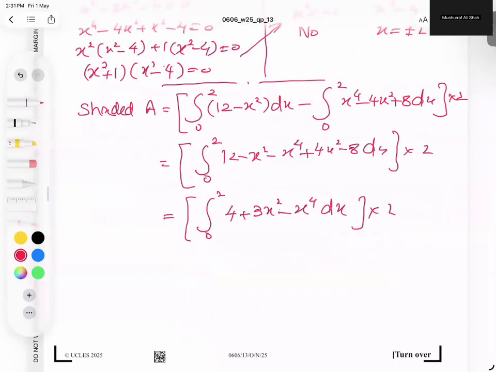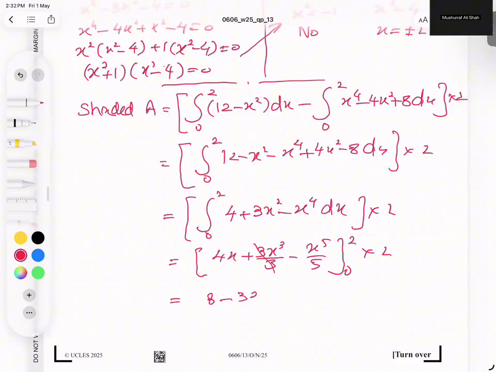Now students, I'm going to integrate, not a hard job. The integration of 4 is 4x. Increase the power by 1 and divide by the same: x to power 5 over 5. Then the limits are 0 to 2, times 2. I can plug in the limits. Plugging in the upper limit, I get 4 times 2 is 8, and 2 to the power 5 is 32 over 5.